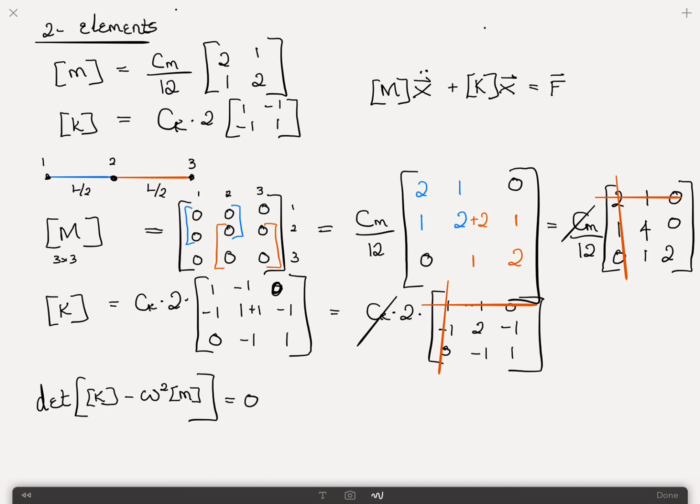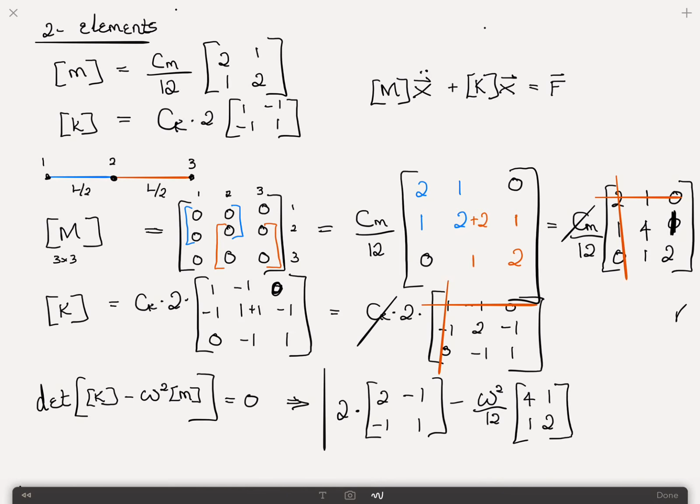That implies that the determinant of 2 times, this is this matrix here, by the way, what's left of it, 2 minus 1, minus 1 and 1, minus omega squared over 12 times, I made a mistake here, I realize that's not a 0, that's a 1. Sorry about that. 4, 1, 1, 2. And that's got to be equal to 0.